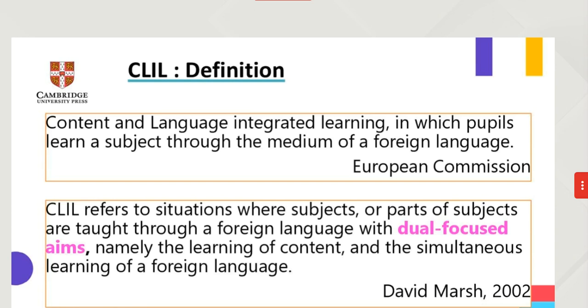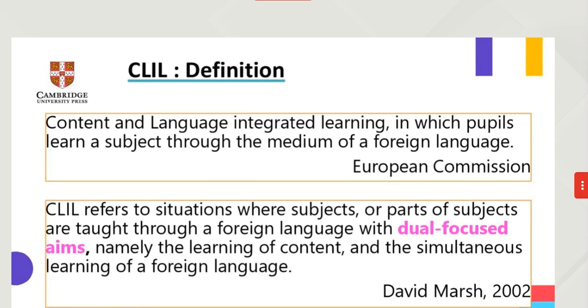And I think this definition is useful because it does highlight the educational aims of CLIL. Through CLIL type practice, students can learn content whilst at the same time learning a foreign language, be that English or French or whichever foreign language. So I think this is a much better definition.